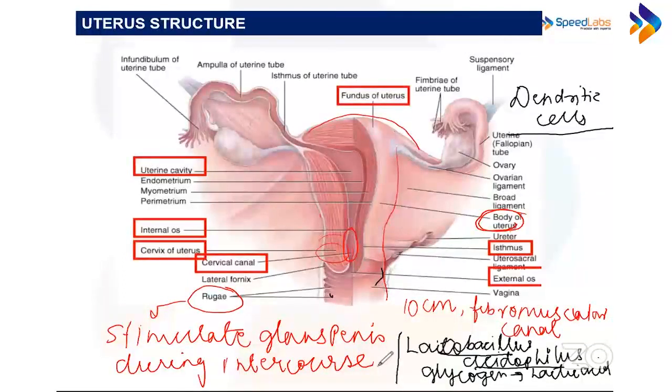A thin fold of vascularized mucous membrane called hymen is present over the vagina. They form a border around the vaginal opening. So vagina का जो opening है ना, over there is a structure called hymen.